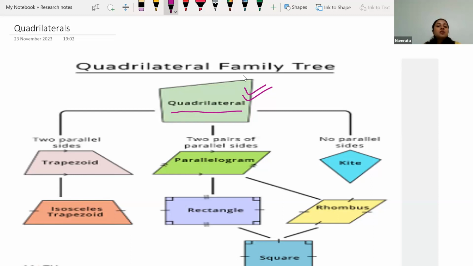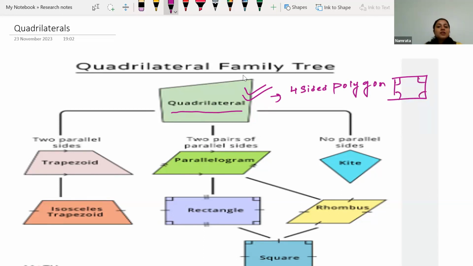As I am saying, a quadrilateral is a polygon having four sides. Each and every other member, as you can see, has four sides. Now what else is a property of the quadrilateral?